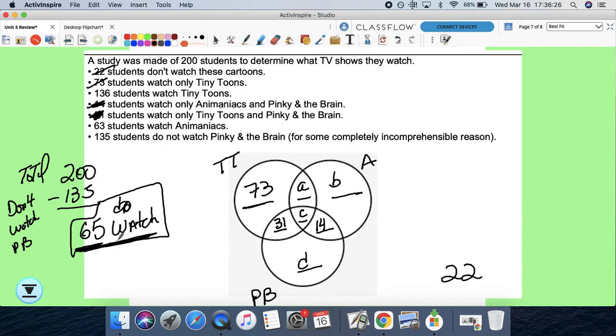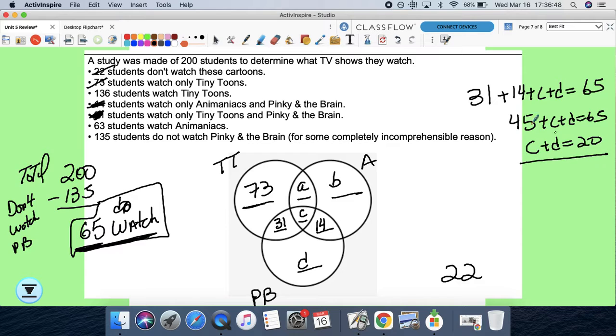The people who watch Pinky and the Brain are the 31, 14, plus C plus D, and that should equal 65. 31 plus 14 is 45, plus C plus D equals 65. If I subtract 45 from both sides, I get that C plus D equals 20. All right, I'm going to keep that there.